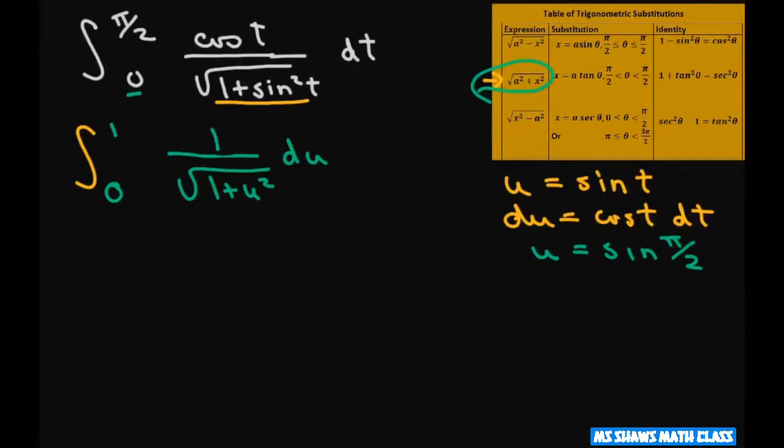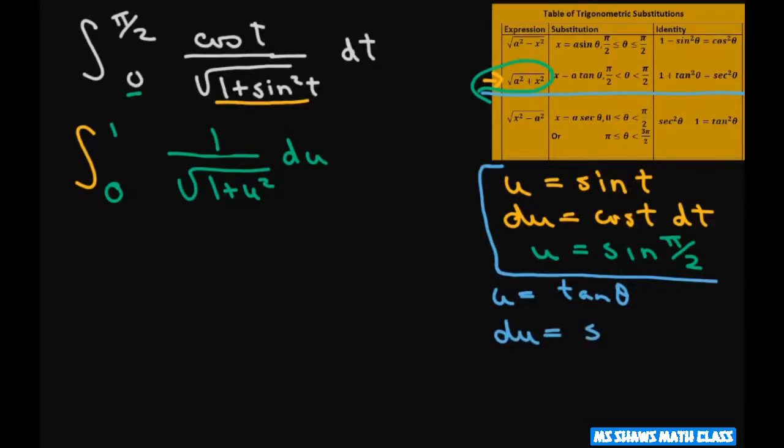So we're going to go ahead and use substitution on that again and let u equal tan of theta, because this is the form we're looking for, and du equals secant squared theta d theta, where square root of 1 plus u squared is just going to equal secant theta.